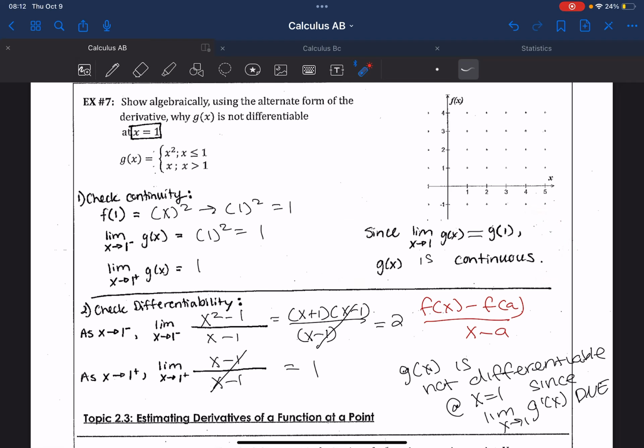Okay, so when we're checking if it's differentiable, we're now looking at either the derivative of these two functions, or notice here they use the alternative definition of a derivative over here. So what we find out is that since the limit of the derivative is not equal on both sides, we say that g of x is not differentiable even though it's continuous.